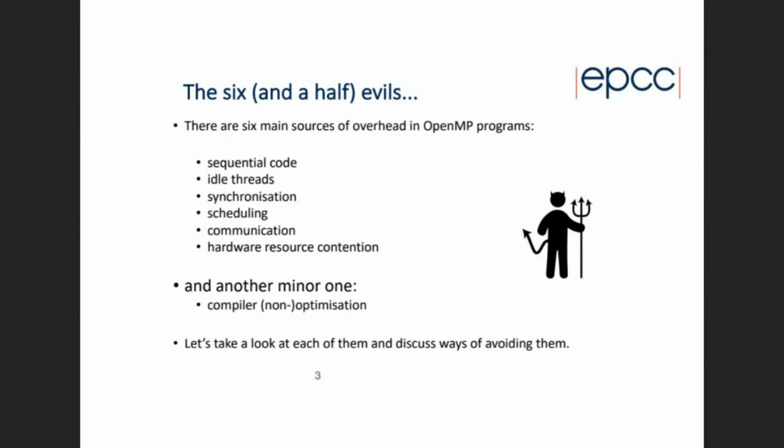If you understand what can go wrong, then you have a chance of figuring out what has gone wrong in a particular situation, and that will give you the information, or at least some clues, as to how you might go about fixing it.